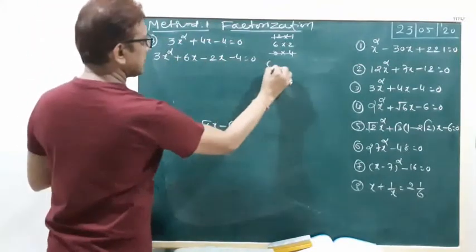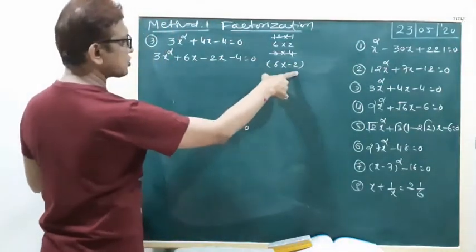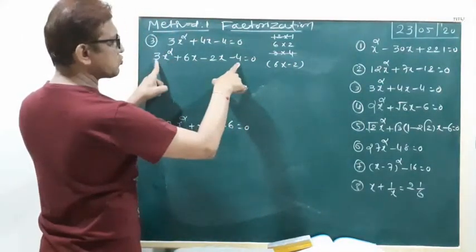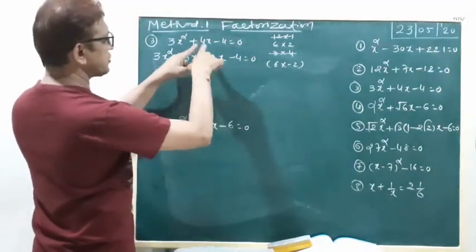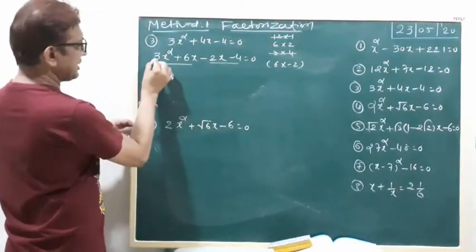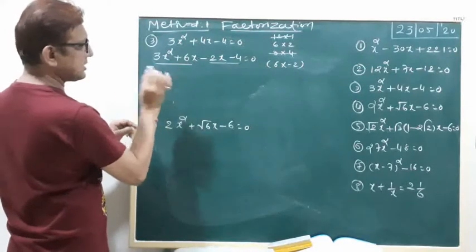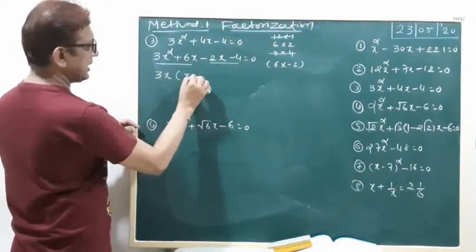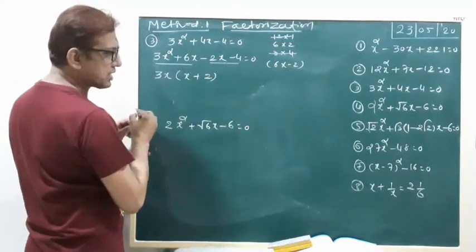Clear? Here 6 into minus 2, the answer is minus 12. The multiplication of these two numbers is minus 12. 6 minus 2, the answer is plus 4. Okay? Common: here 3 ones are 3, 3 twos are 6, so 3x is common. 3 ones are 3, that is 3x. 3 twos are 6.